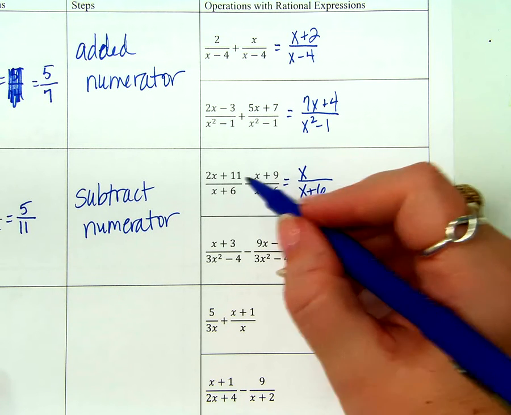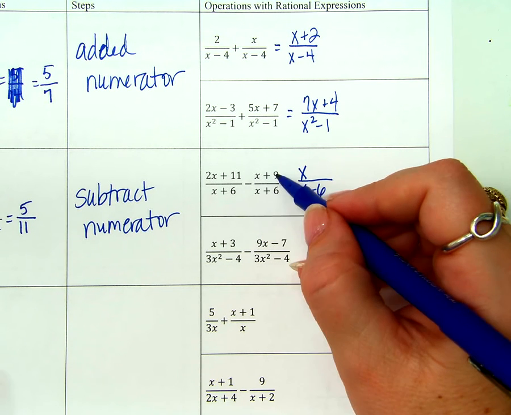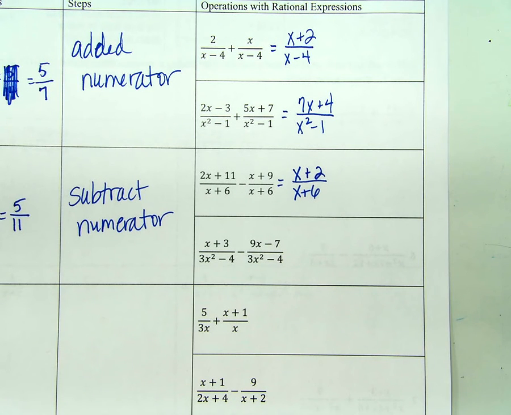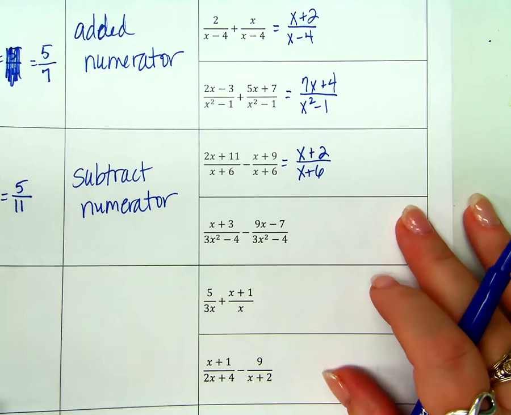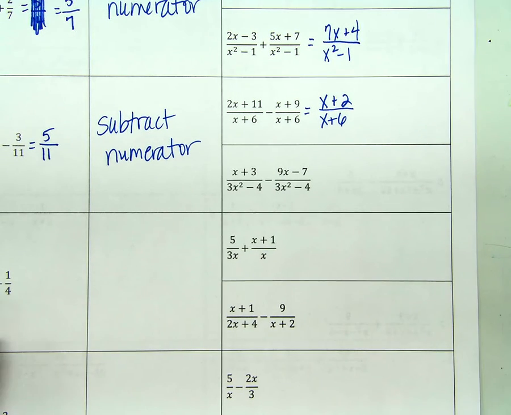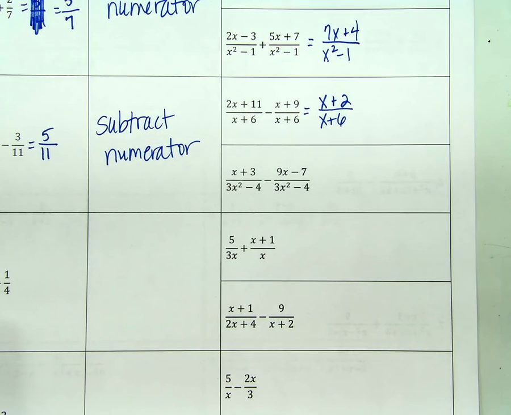Okay, 11 minus 9. So do you see where they tripped up? Don't let yourself be tripped up there. Okay? Don't play yourself. That's exactly right.